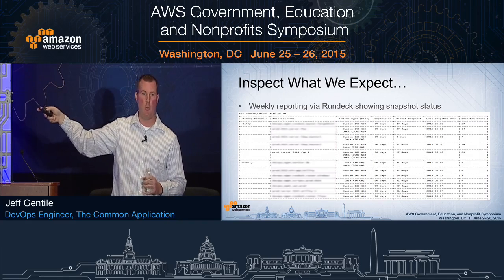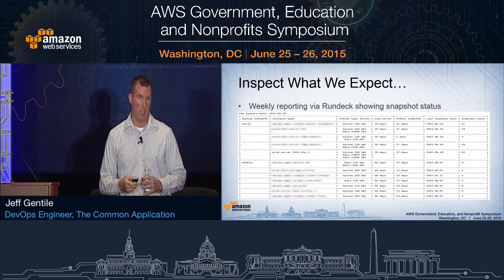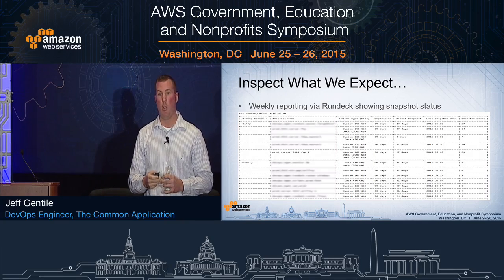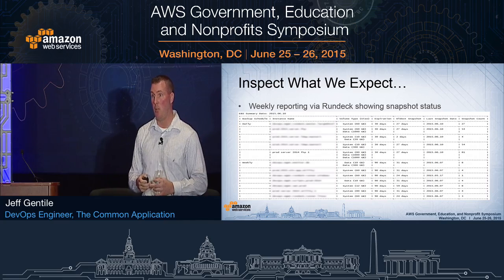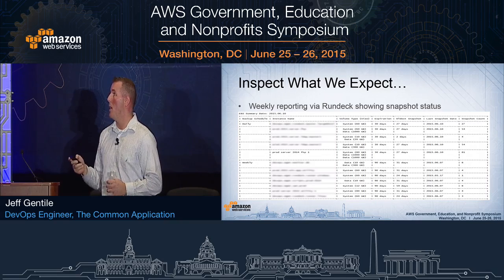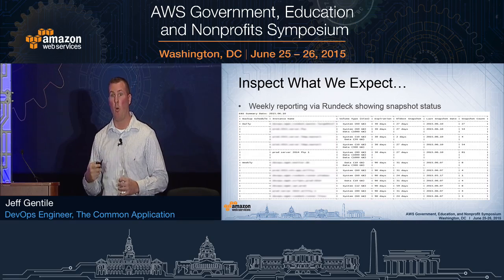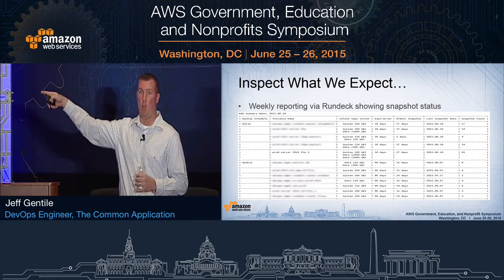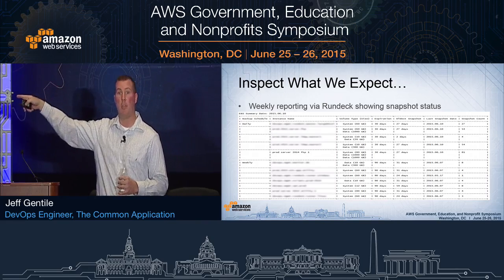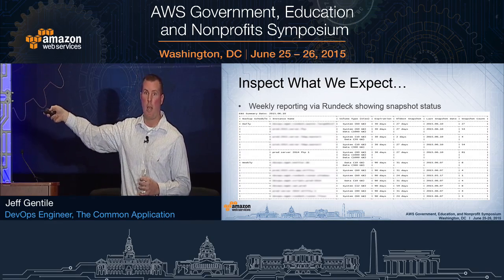Why is this really helpful? It came in very handy for us. A quick story. We were doing some IAM role and user permission updates using kind of a least permissions idea, and we inadvertently removed a role and privilege from the Rundeck user. So when Aaron got this report, there were snapshots not showing up in here.